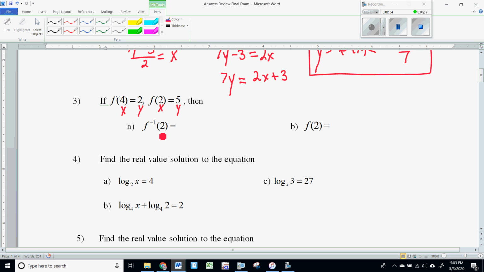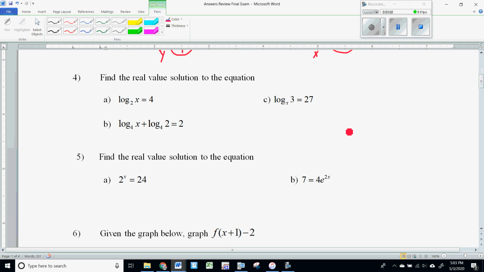So for my inverse function, if I plug a y of 2 in, I should get the x. Well, from up here, you can see here is my y of 2, so my x should be 4. And my f of 2, now this is the regular function, so this is just my x. I want to find my y, which is just 4.